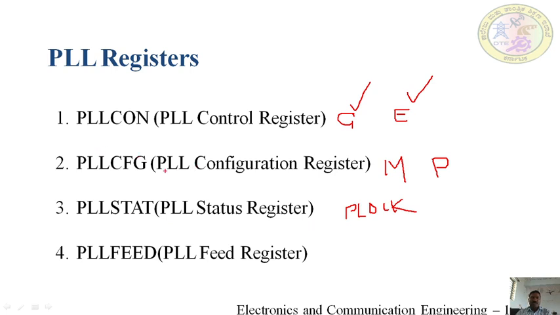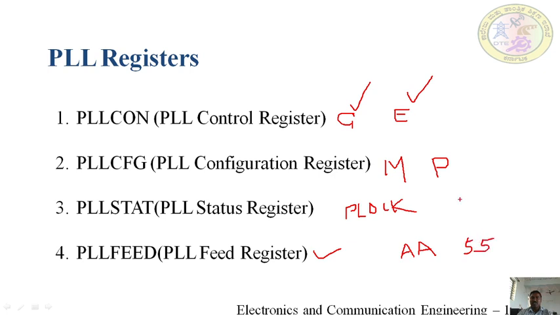So in order to understand the configuration bits and the control bits of the PLL operation, one important register is the PLL feed register. This register is used to activate the configuration and control values. Here the PLL feed register is an 8-bit register, and it should contain the value AA, and the complemented value of AA is 55.